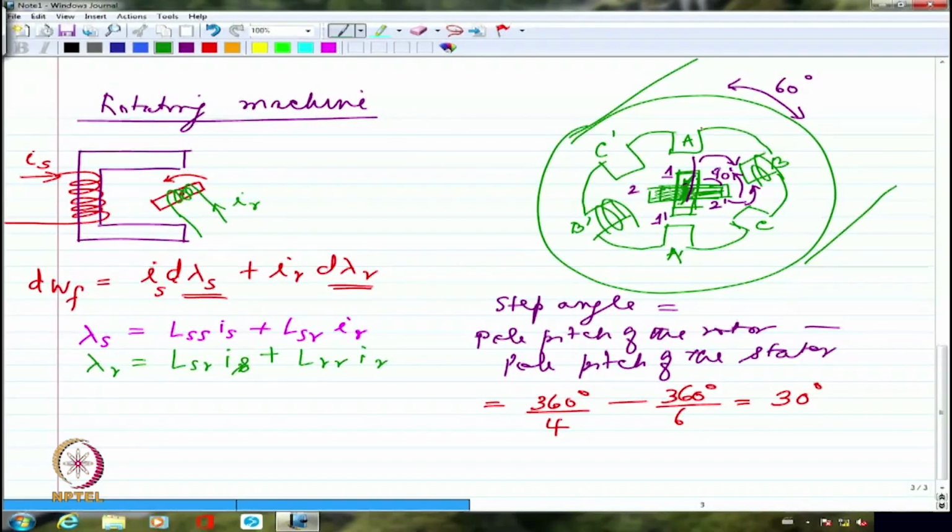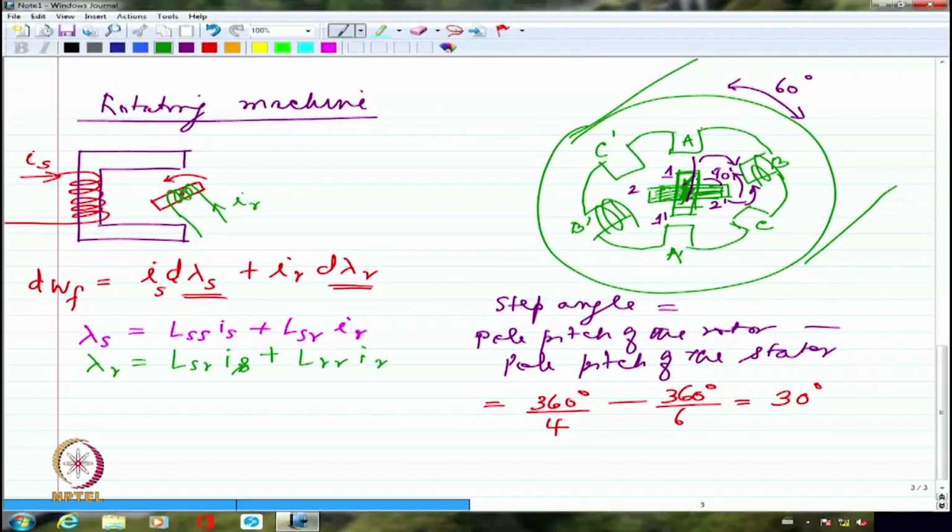Both these are the stator and rotor flux linkages respectively, and we are assuming a linear system. That's why we are able to put it in a way that it is L times I. That's what we are writing all along, right?